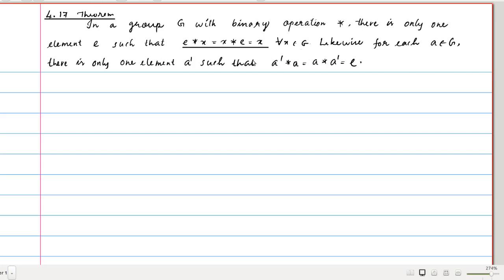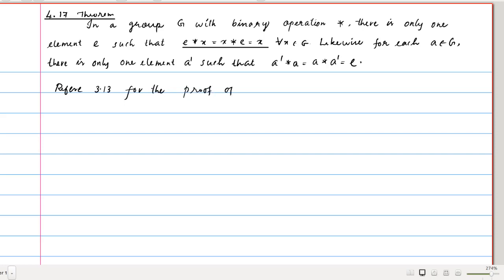But we will prove the uniqueness of the inverse in this group in this theorem. Please refer to 3.13 for the proof of the first part.